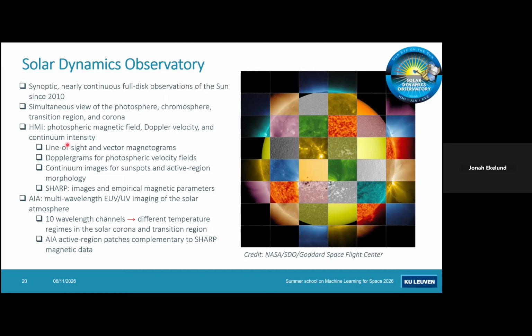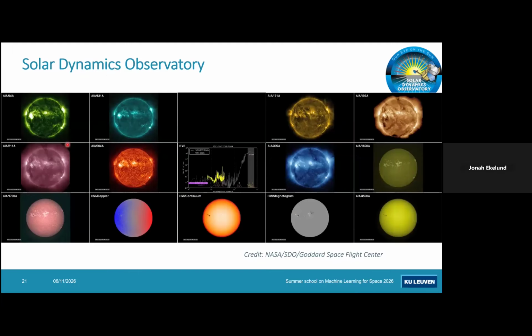And also these wavelength ranges are, I think I mentioned, related to certain temperatures. Mostly we care about the plasma density and temperature properties in the different spectral wavelengths. Okay, this is an overview of the SDO observations.